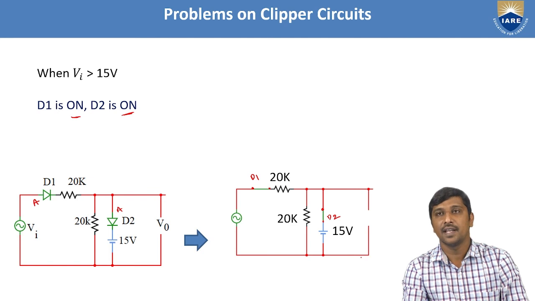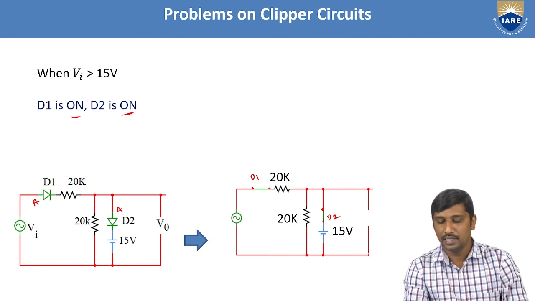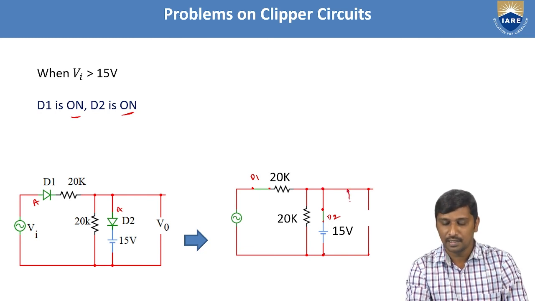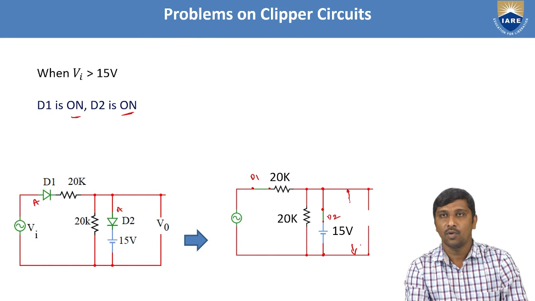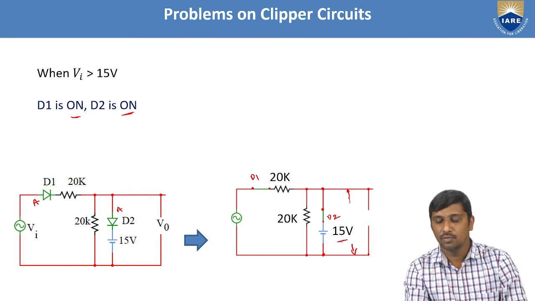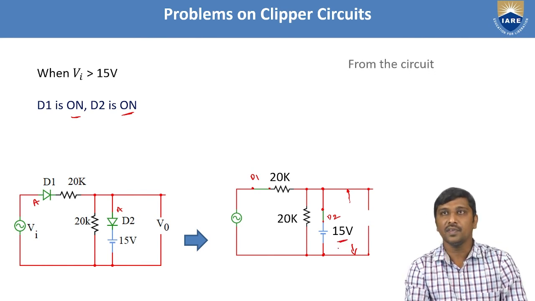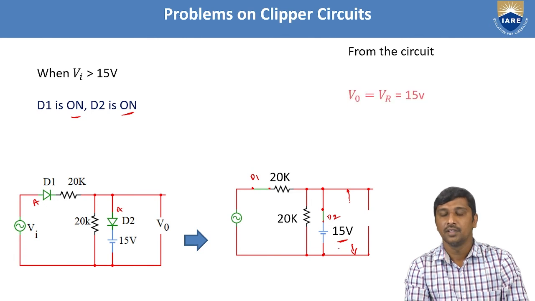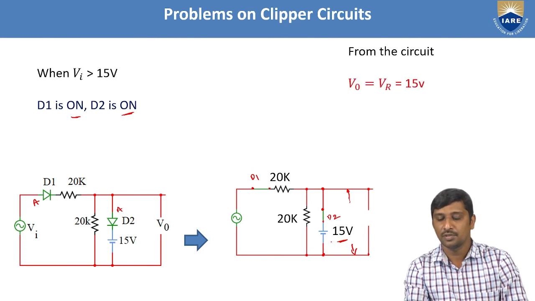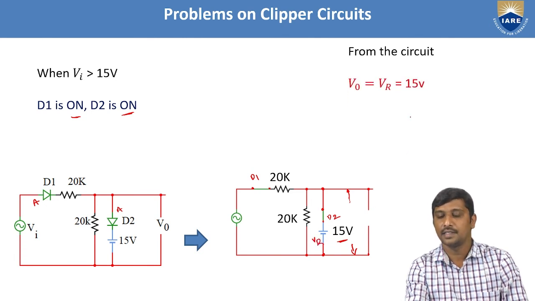Under this equivalent circuit, V naught is directly proportional to this node voltage. So directly that is equal to the 15 volts here. From the circuit, V naught is directly proportional to this VR. Hence, that is equal to 15 volts.